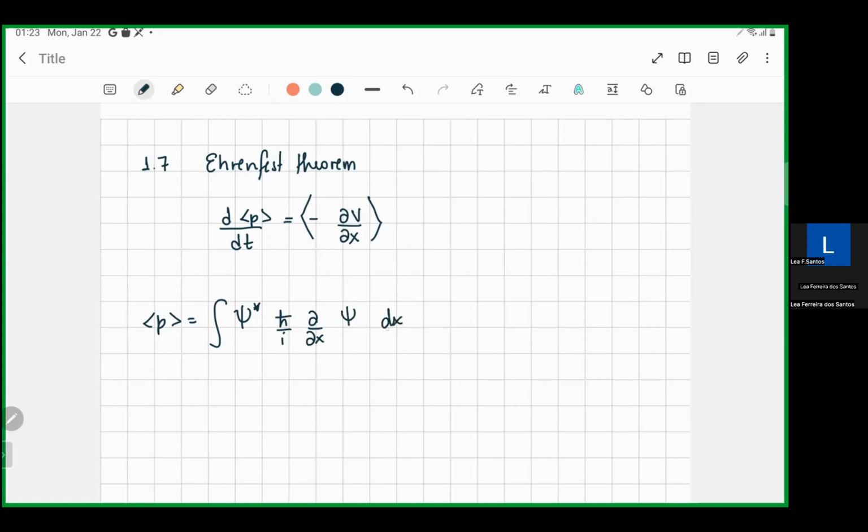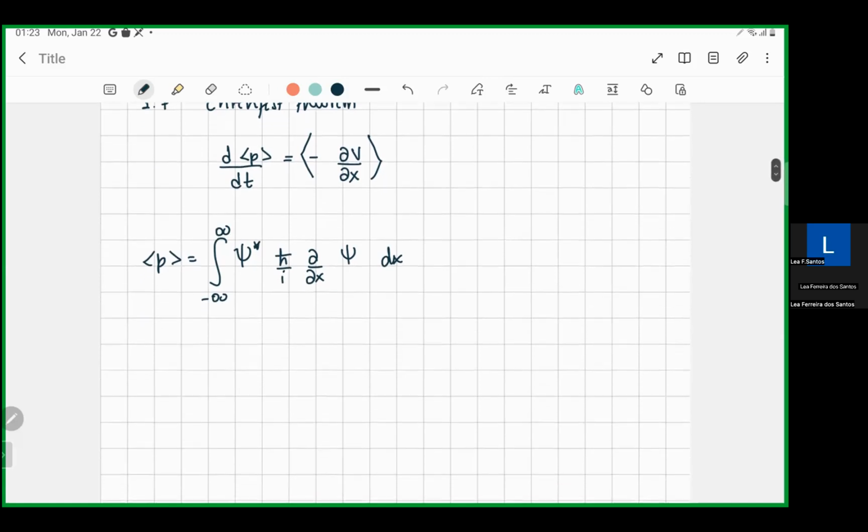So this was the expectation value of momentum going from minus infinity to infinity. Well, now we are going to take the derivative of that. I'm going to put this derivative in time inside that integral, so it will become a partial derivative in time, acting on all those terms.